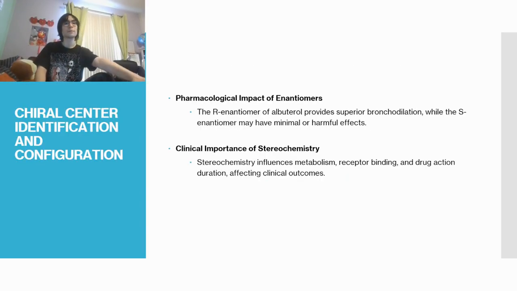Now the chiral center identification and configuration. The R enantiomer of albuterol provides superior bronchial dilation, while the S enantiomer may have minimal or harmful effects. The stereochemistry influences metabolism, receptor binding, and drug action duration, affecting clinical outcomes.